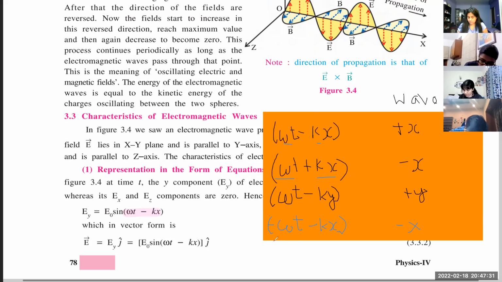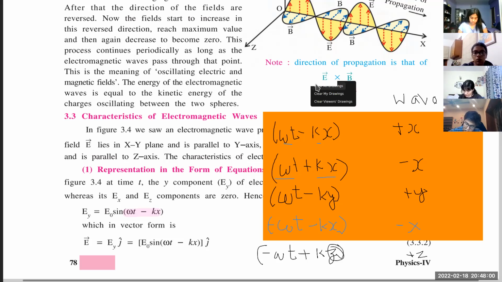What about this one, Saisham? What is the propagation direction of this? Plus y, and this one, plus z. Okay, fine everyone.